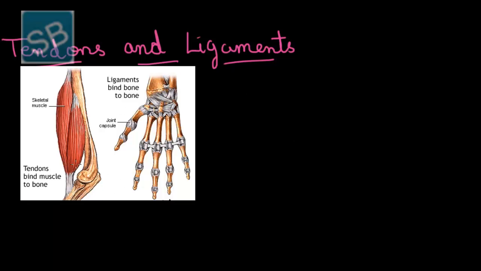As it can be seen from the figure, tendons are the tissues that bind muscle to the bone, and ligaments help in binding joints, that is bone to bone. Tendons and ligaments both consist of strong and dense fibrous connective tissue.